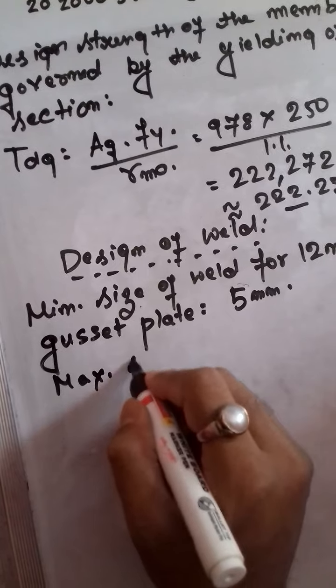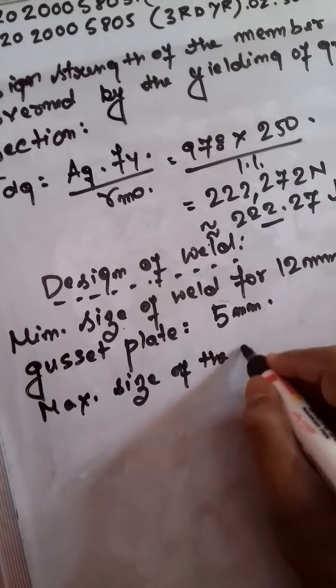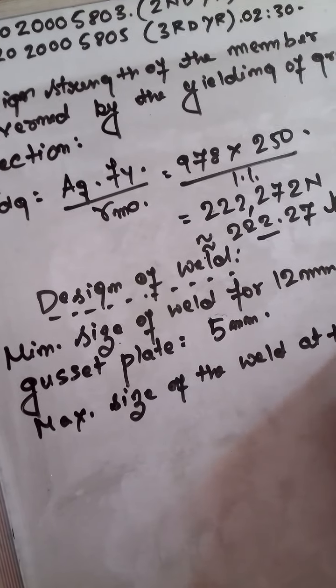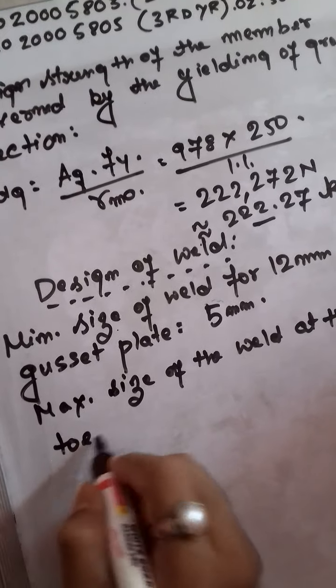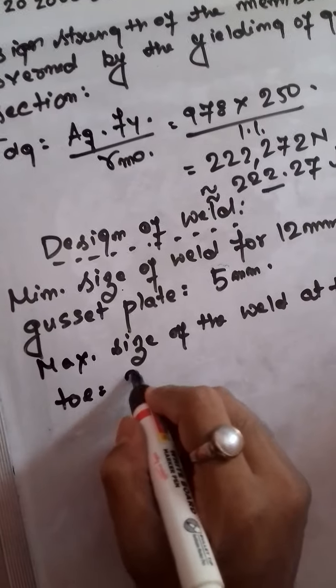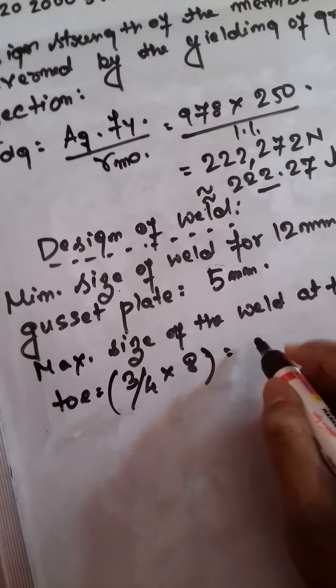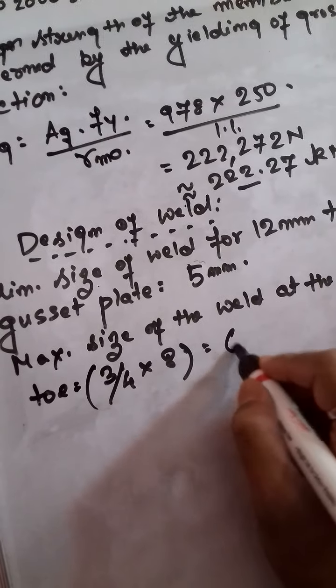Maximum size of the weld at the round toe is equal to 3/4 times the thickness of the thinner member, that is the thickness of the angle, right? So it is equal to 6 mm.